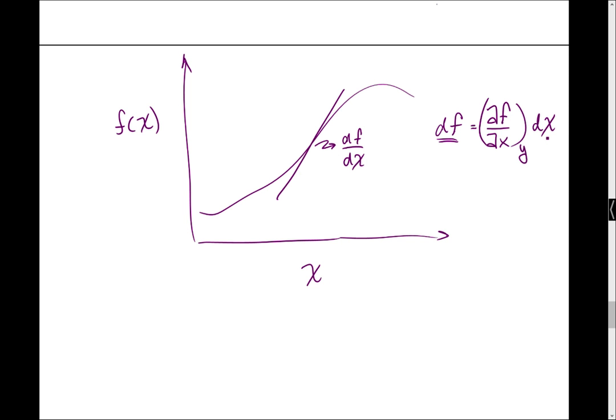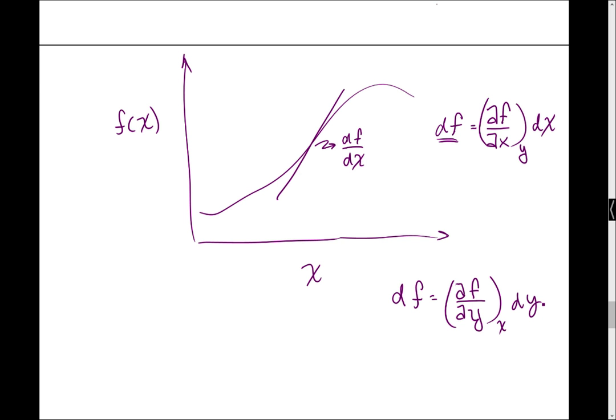And then what we can say is that, well, if I'm interested in looking at the change in my function due to a change in y, then I'm going to hold x constant, and I'm going to do the same thing, right? So I don't want to draw another graph, but we can look at the other axis, right, and say that df is equal to df/dy, where we need to hold x constant, and then dy, right?